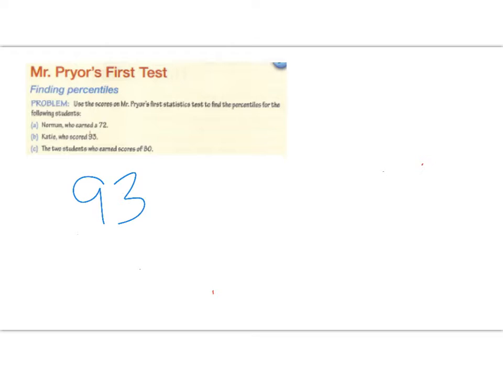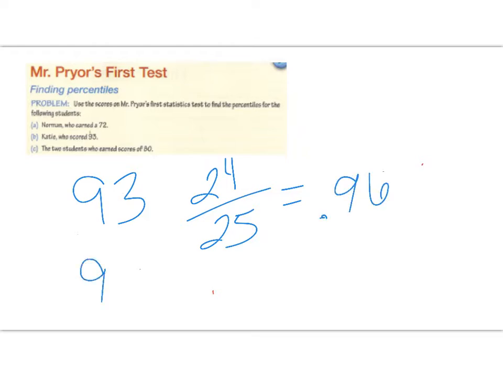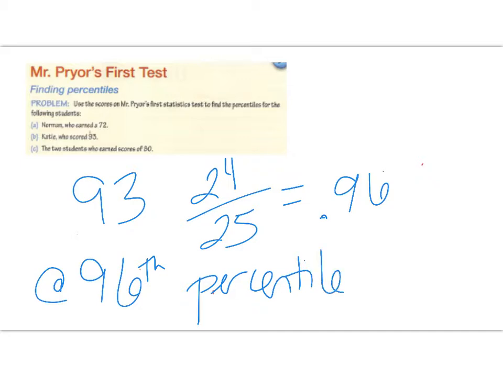Remember, it's how many people got a score lower than her. Well, 24, because she's number 25, she's the highest. 24 out of 25 students got a score that was lower than hers. So 24 out of 25 gives me 0.96. So that puts Katie at the 96th percentile. She did better than 96% of the students. Her score was the highest.